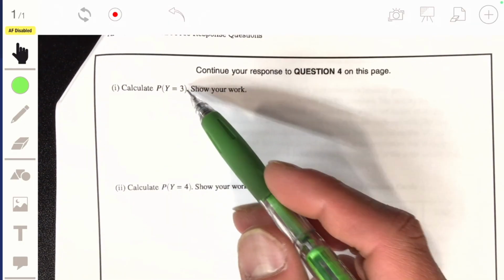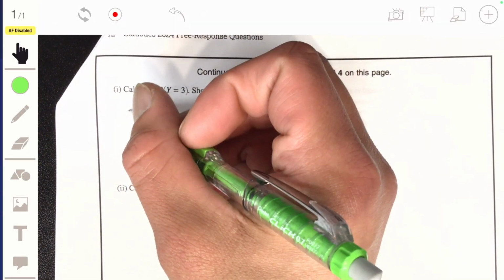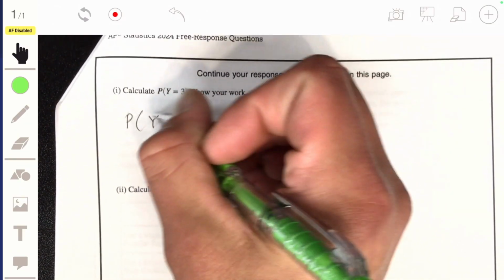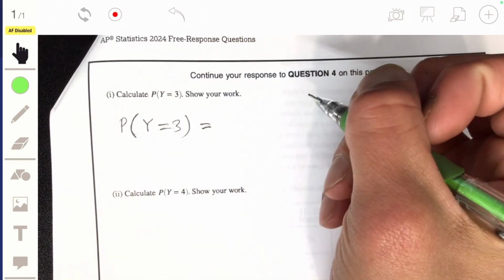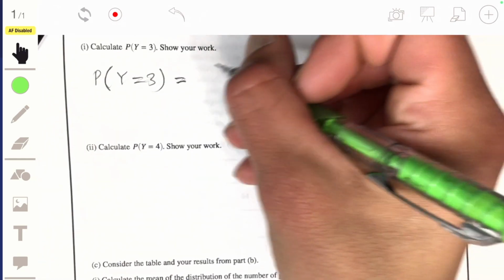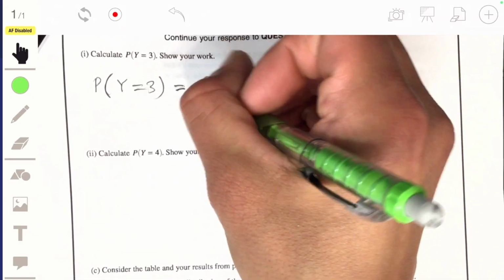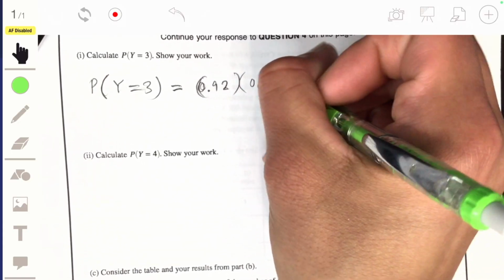So we want to find the probability that he'll get it on the third try. To get it on the third try means that he has to fail on the first 2 tries, which will be, since he has an 8% chance of getting it, that means he has a 92% chance of not getting the red crystal. So 0.92, and since they're independent, he still has a 0.92 chance on the second trial.